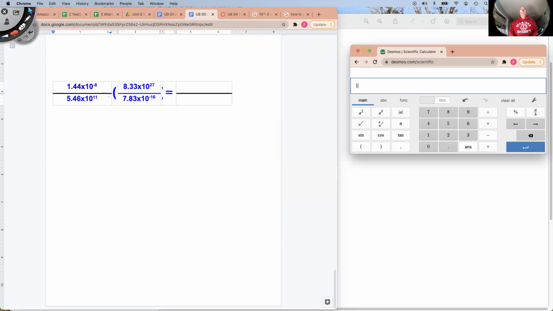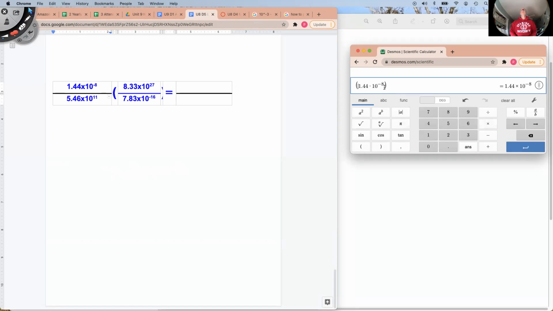We're going to put in 1.44 times 10 to the negative 8. And I do want to be in parentheses. My apologies for not having it in parentheses already.